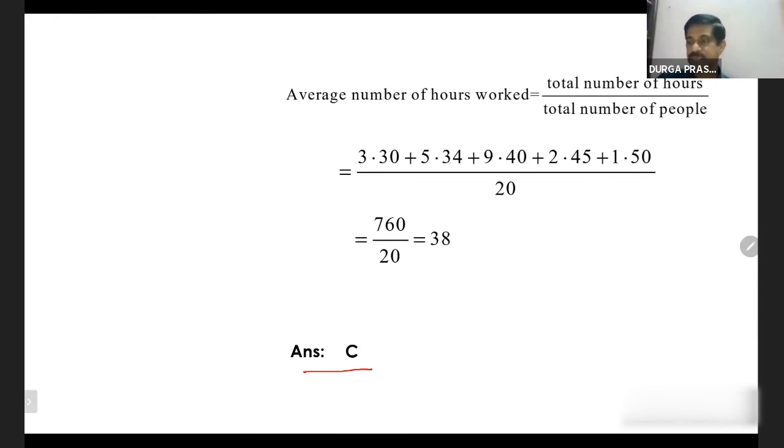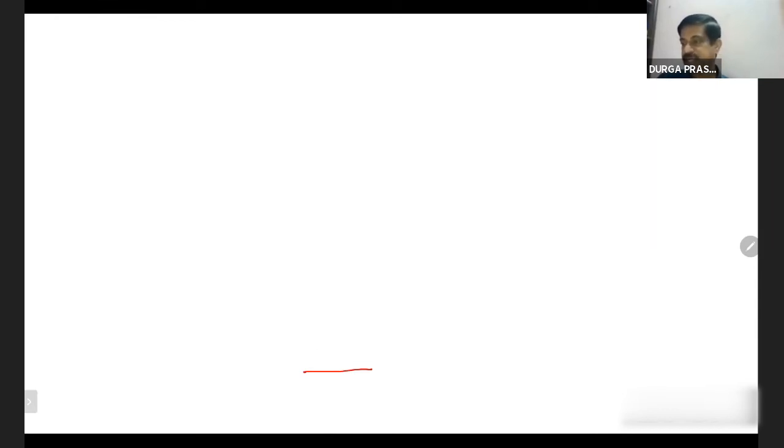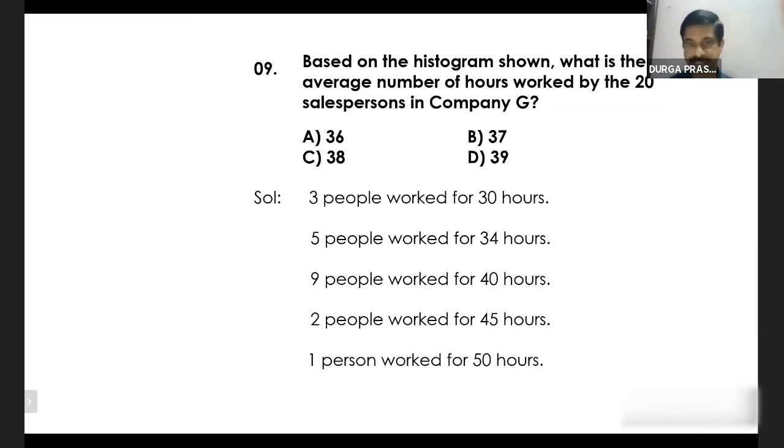Okay. So let us go back to the first page and then start noting the solution. Please copy it fast, quick.